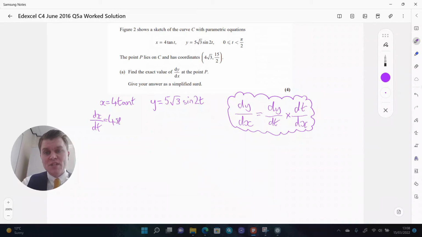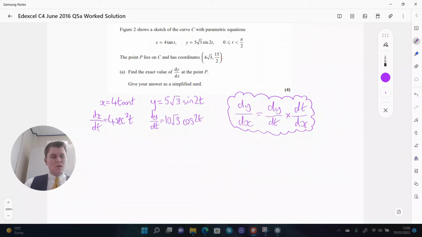So that one differentiates to 4 sec squared t. And then when we differentiate y with respect to t, this one's a little bit more fiddly. But again, differentiating sine 2t, that's something that you need to be fully aware of. This one just turns to 10 root 3 plus 2t.